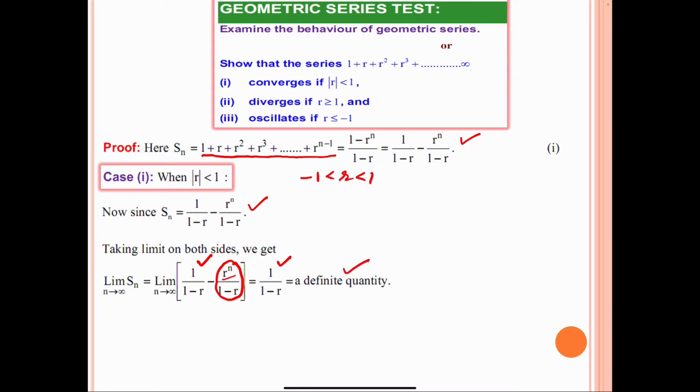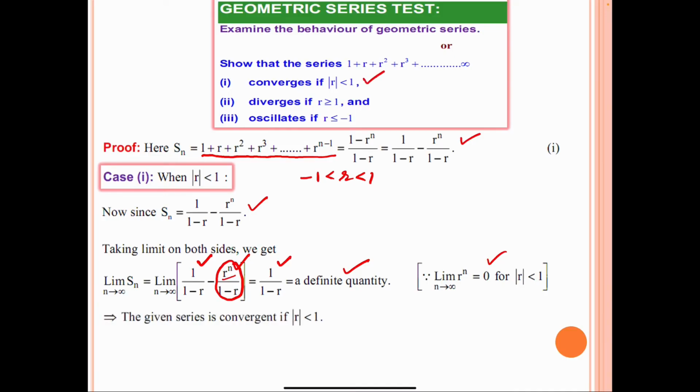And since this is a definite quantity, the given series is convergent. This is only possible when magnitude of r is less than 1, because limit n tend to infinity r raised to power n is equal to 0. Clear? So hence the given series is convergent if magnitude r is less than 1.